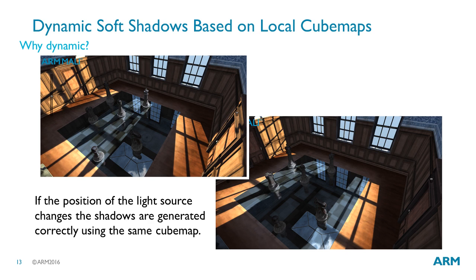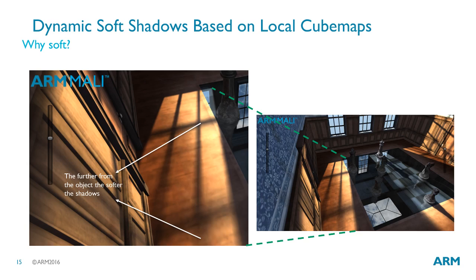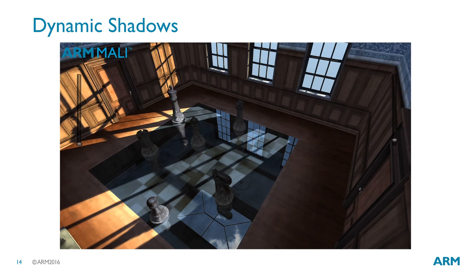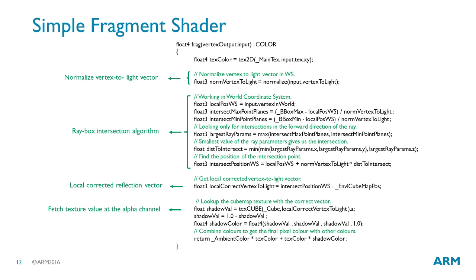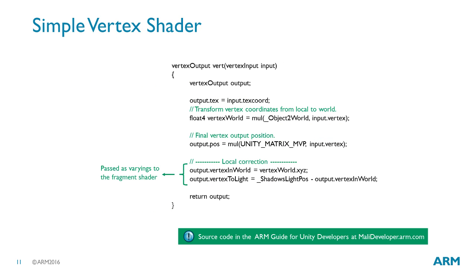So why do we say that this new technique provides dynamic shadows? Because when the light position changes, automatically in the vertex shader this vector will be updated, and everything will be calculated.